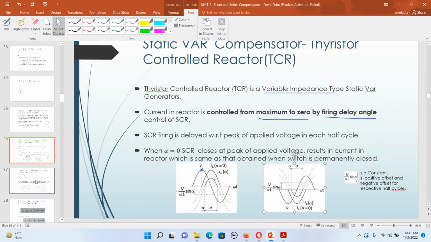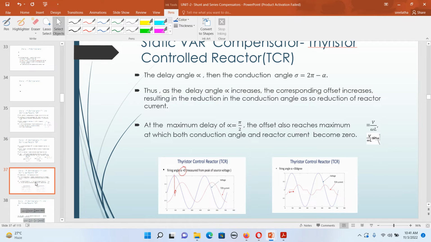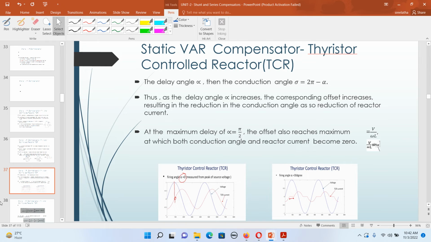Till there, it's quite straightforward. And then the static Var compensator, TCR, are the same. With the delay angle alpha, the conduction angle is 2 pi minus alpha.